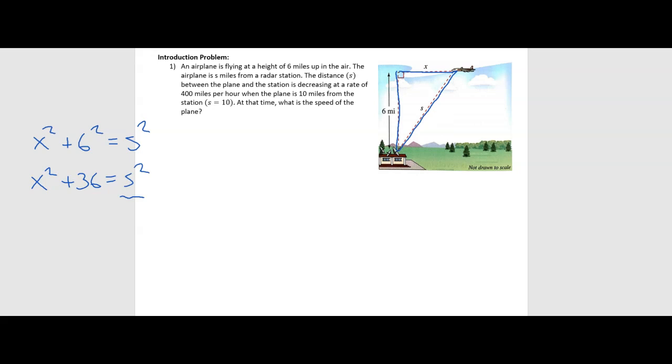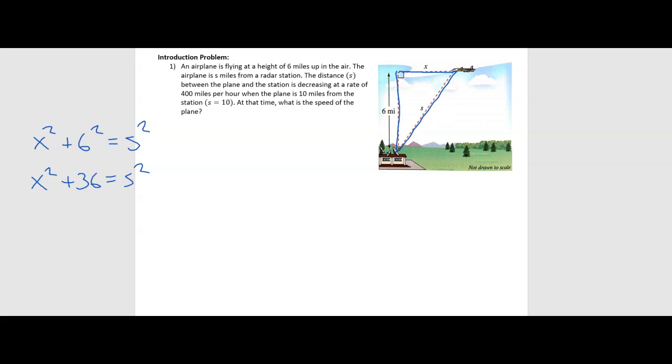Now, we're being asked to find a speed. We're trying to find the speed of a plane, and neither of the variables in our equation represent speed, right? One represents the horizontal distance between the plane and the station, and one represents the direct distance. So we're going to have to either do something to this equation or come up with a different one.